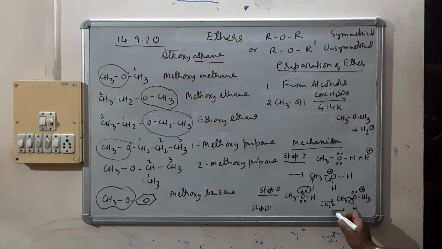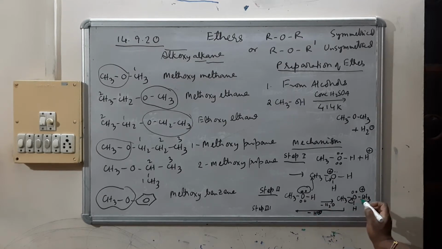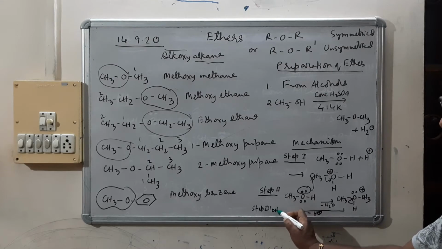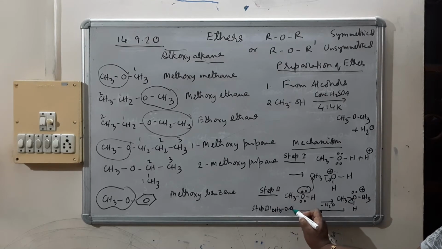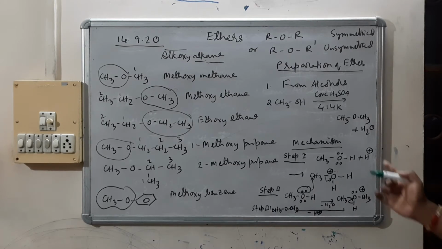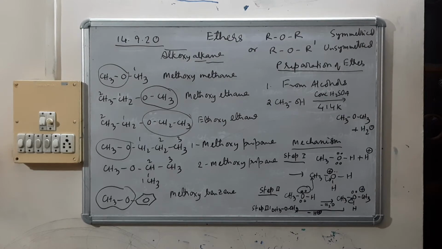So I am doing it from here only. So minus proton is getting lost, and we get this ether. So this is the mechanism of formation of ether from alcohol.